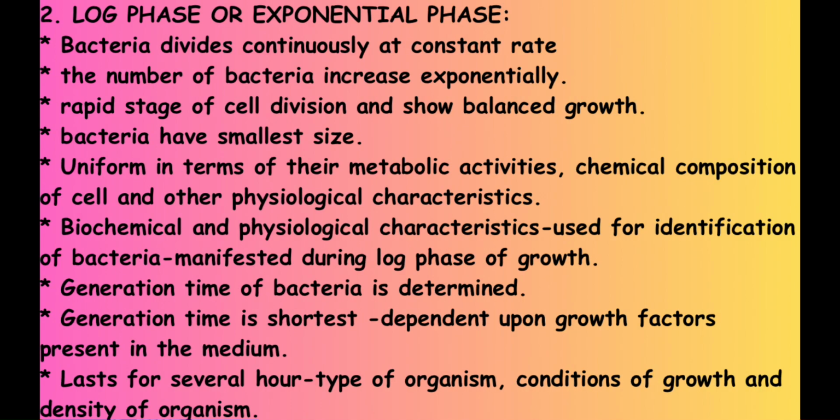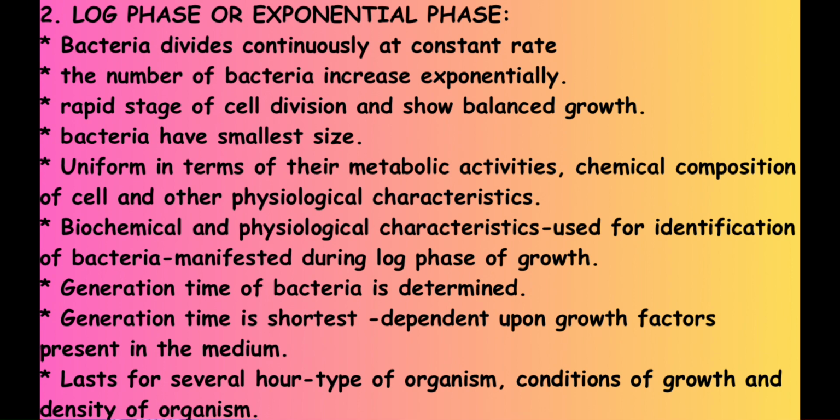Log phase or exponential phase. So during this log phase, the bacteria will divide continuously at a constant rate, and the number of bacteria will increase exponentially. And also all the bacteria will be in a rapid stage of cell division and they will show balanced growth. Due to this rapid cell division, the bacteria will have the smallest size during the log phase.